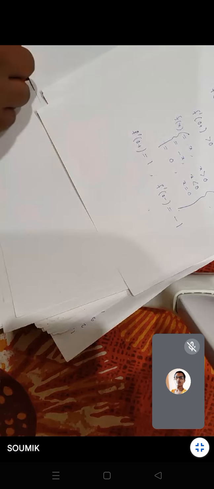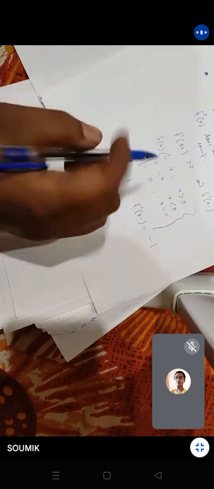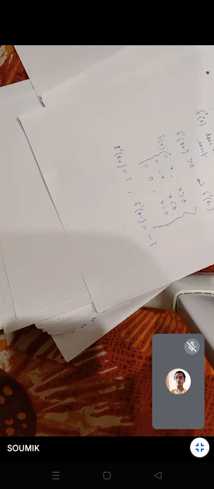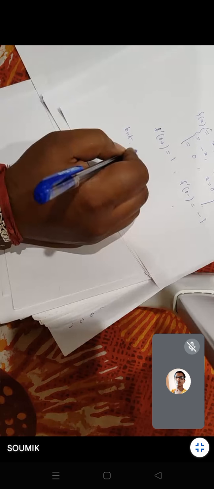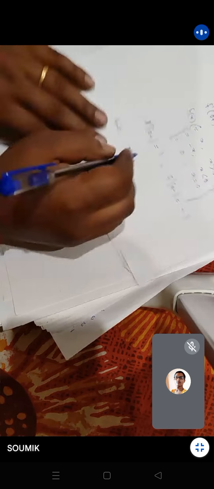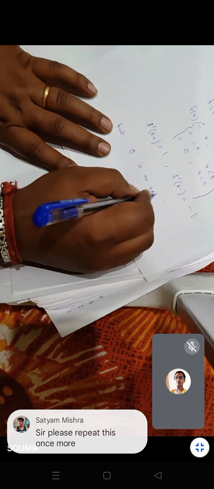That's why f dash 0 does not exist. এই জিনিসগুলো তো ক্লিয়ার রাখতে হবে যে কেন এক্সিস্ট করে না। তো f dash 0 does not exist, but 0 is an extremum point.